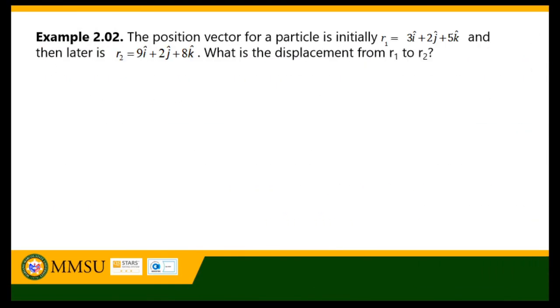Next, for example 2.02, the position vector for a particle is initially at 3 i hat plus 2 j hat plus 5 k hat, and then later is at 9 i hat plus 2 j hat plus 8 k hat. What is the displacement from position r sub 1 to r sub 2?